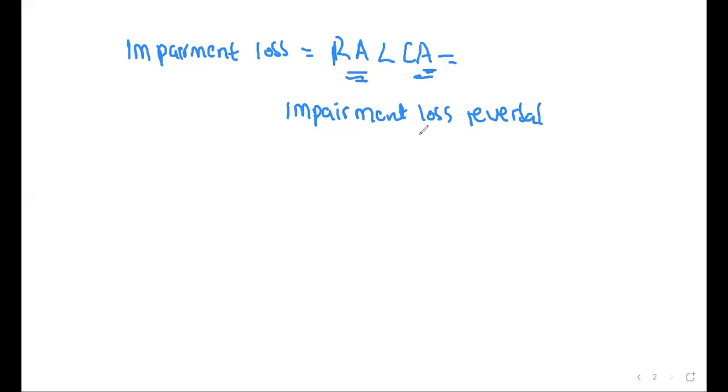So in that way, it's going to be an impairment loss reversal. So in an impairment loss reversal, it means you are now going to increase the carrying amount of the asset. So that's how you treat it.